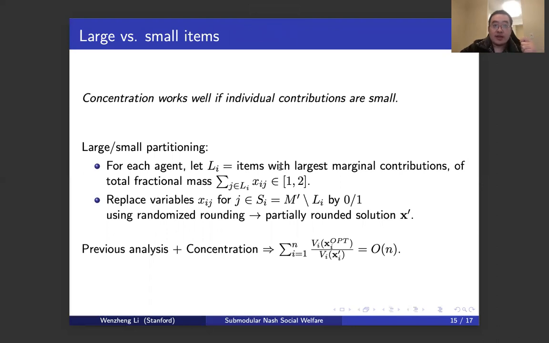We keep all the items with large marginal contribution unchanged, and only randomly round those items with small marginal contribution. By the properties of submodular functions, there cannot exist too many elements with very large marginals. That means this partial rounding will indeed give us a very sparse solution. Combined with the previous arguments, that resolves the two issues.